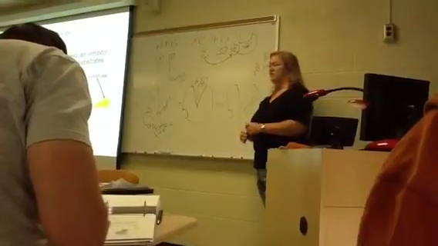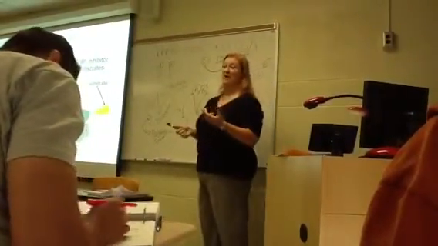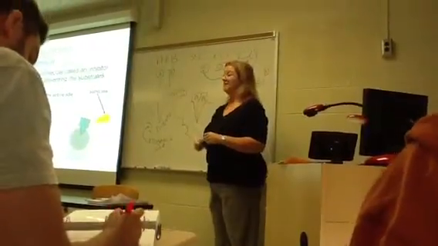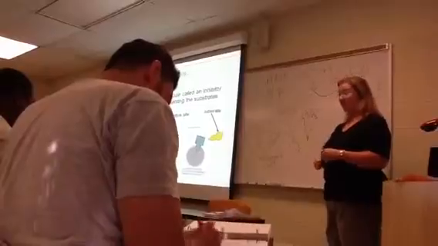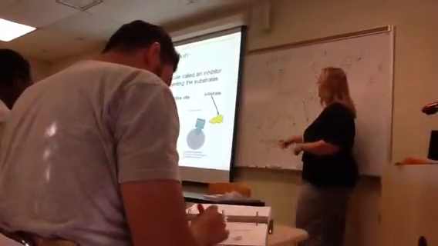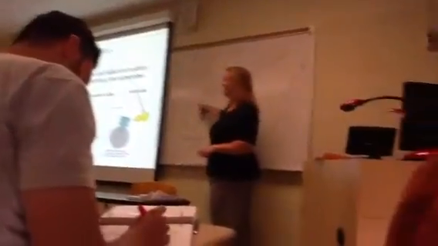Which means that there is a different type that is competitive. So this is our third way to regulate enzyme activity, to turn it on and off. Competitive inhibition. Now we are going to have a molecule that is competing with the substrates for the active site. And this molecule is usually called an inhibitor.